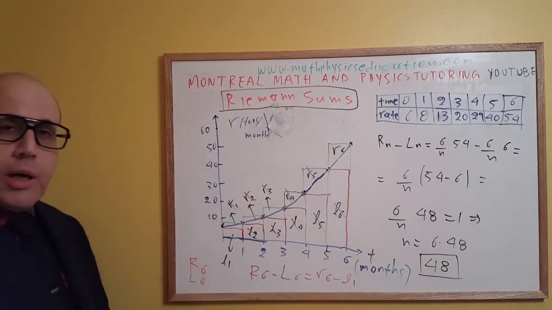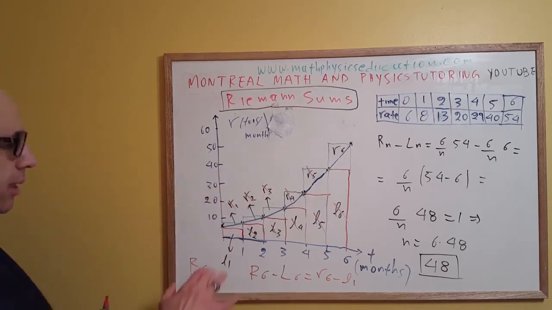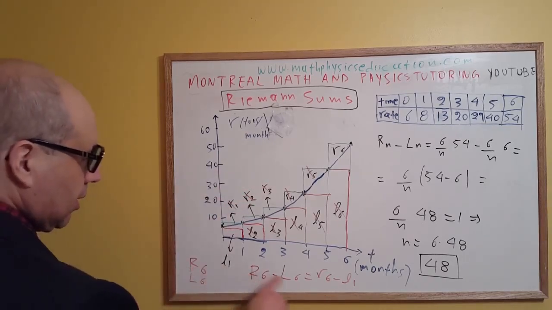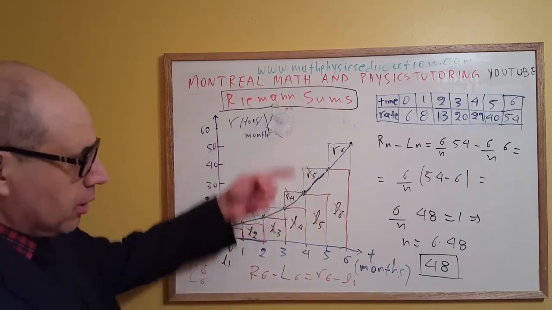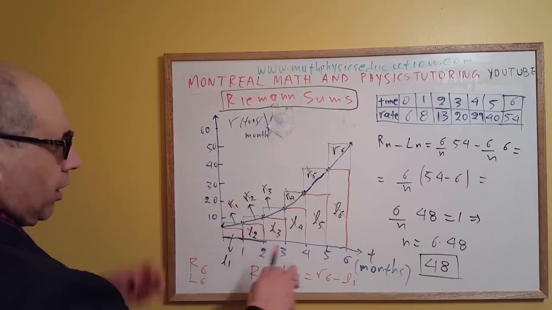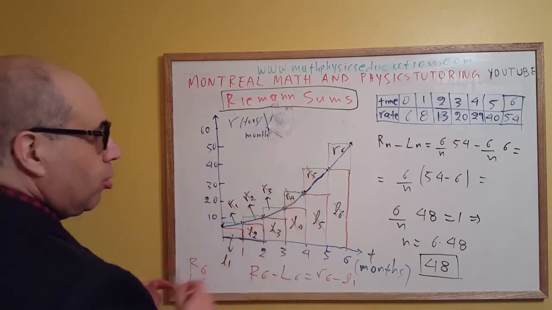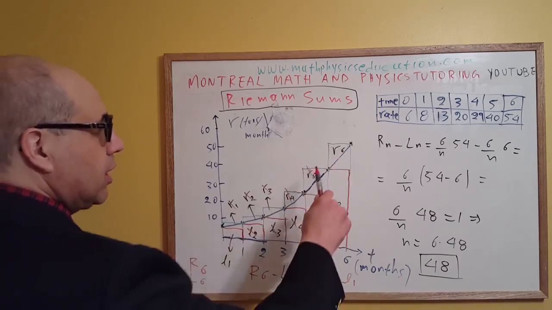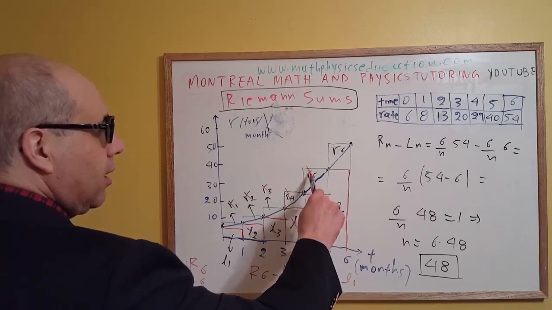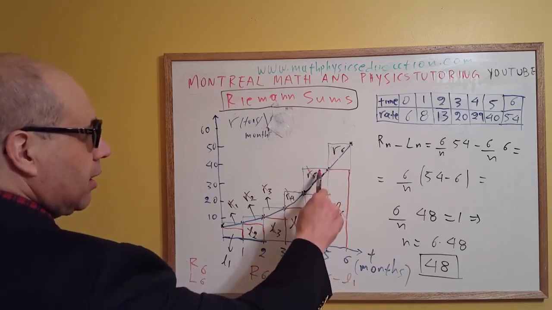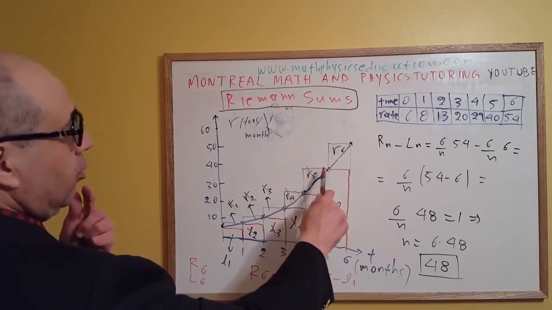I want to explain this again, because that's the most critical point here. When you create this difference, R6 minus L6, which is the right endpoint Riemann sum minus the left endpoint Riemann sum, starting from R6 you go to R5.